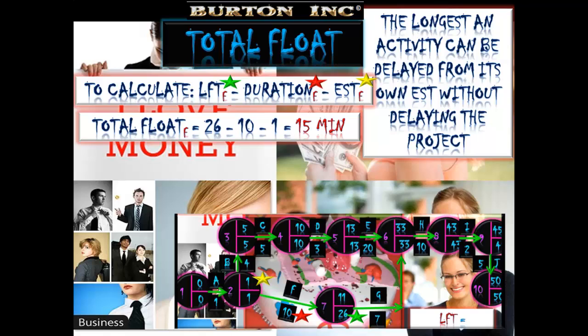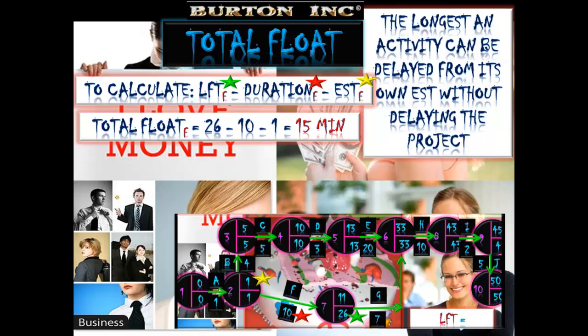So if we have a look down the bottom of that network diagram there, we can see that for task F we have the latest finishing time as being 26, the duration of task F being 10, and the earliest start time of task F being 1.